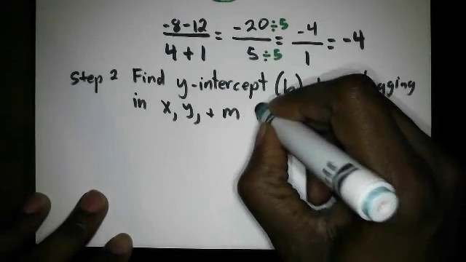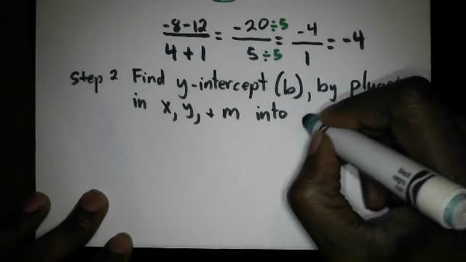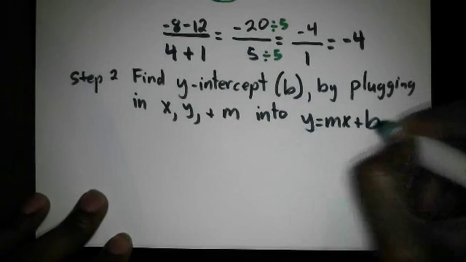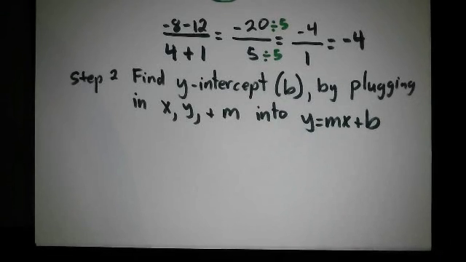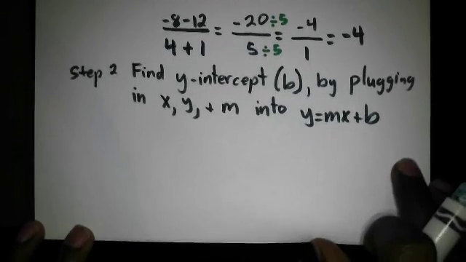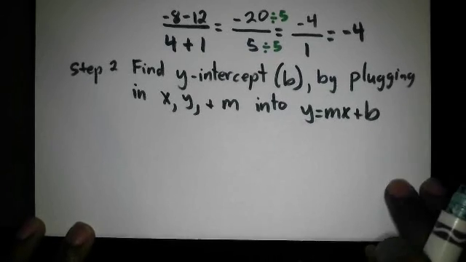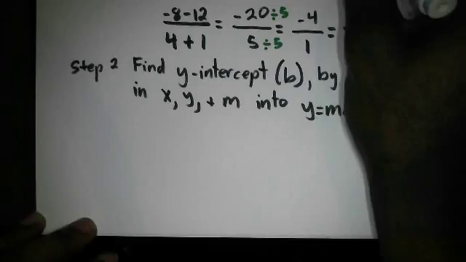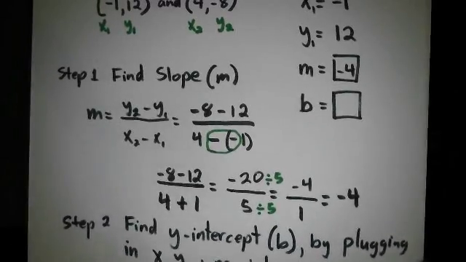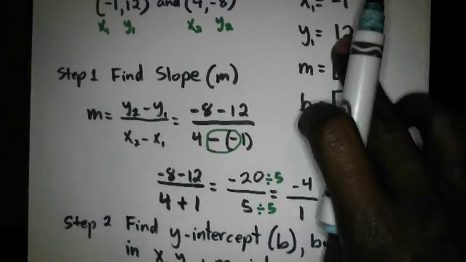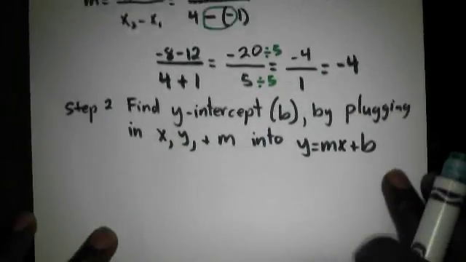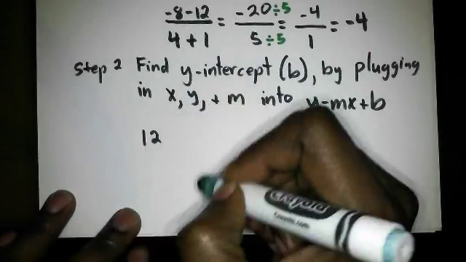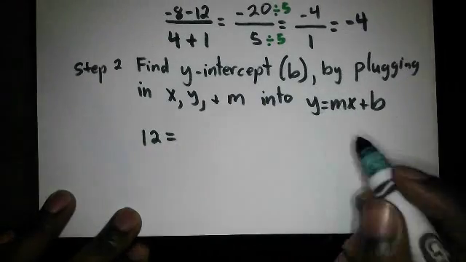And we're going to plug this into y equals mx plus b. Alright, so this is the formula we're going to plug it in. So let's go ahead and do that. Y, as we know from our problem that we have already written down, is 12. So we plug it in: 12 equals m.